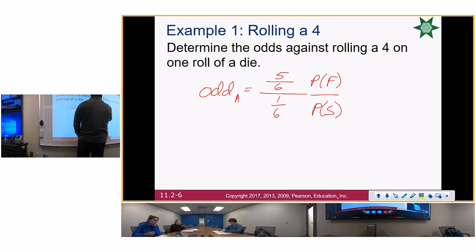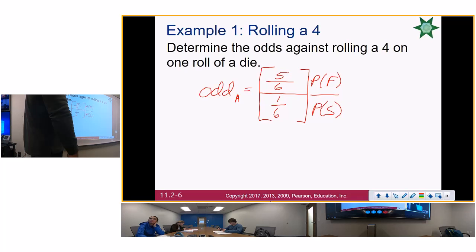I'm just going to put this in brackets so y'all know this is the formula. This is the actual doing. So, what do you do when you divide by a fraction? You multiply by the what? So 5/6 multiplied by 6/1. So what's the odds? 5 to what?